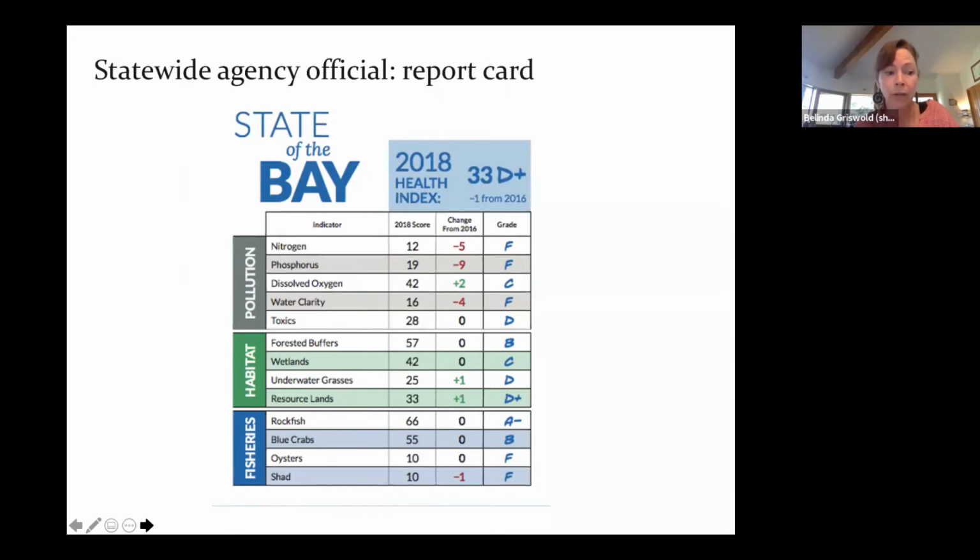A report card is a way to communicate progress that is highly accessible to media, to local community groups, and to non-technical folks. You can use this kind of data to support and thank and shine some love on statewide agency folks and decision makers of different kinds, to encourage them to keep it up.